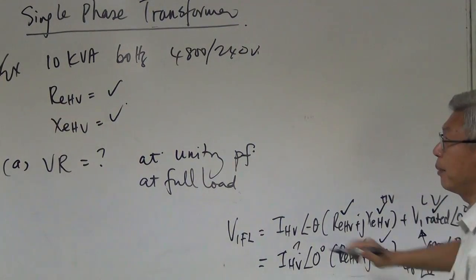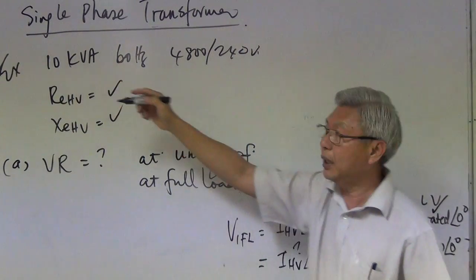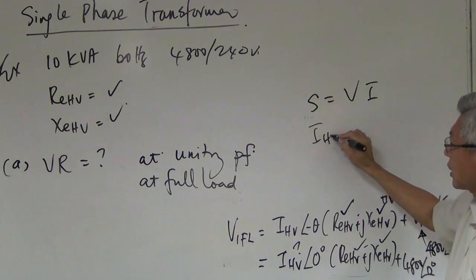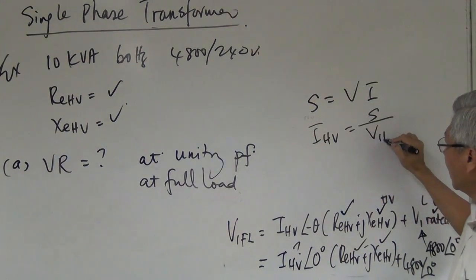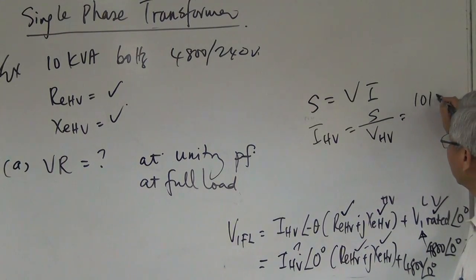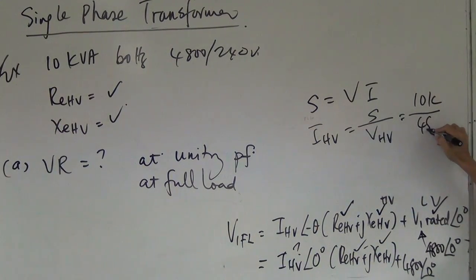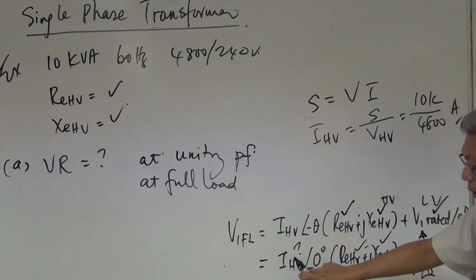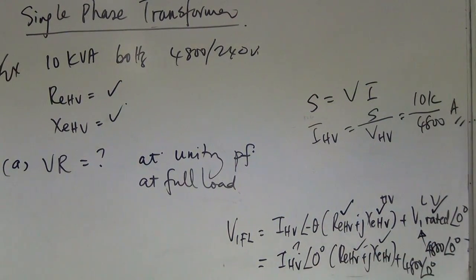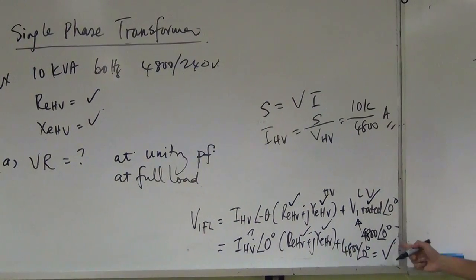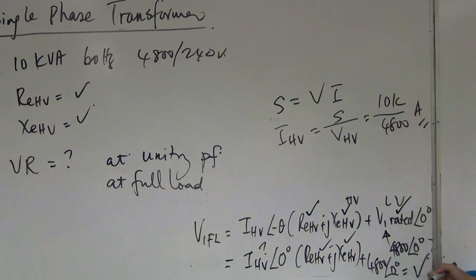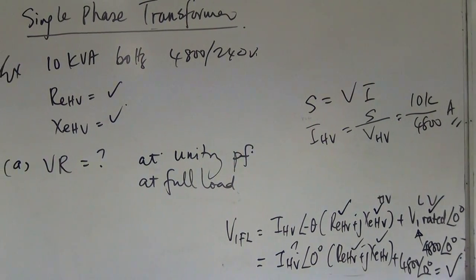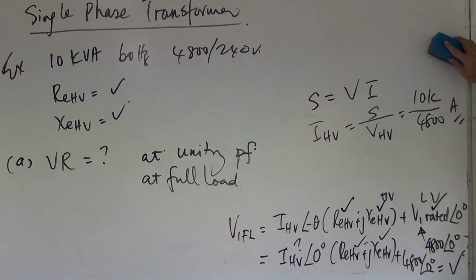Remember our basic apparent power, S equals V times I. So my high voltage current is S divided by high voltage, which is 10 kVA divided by 4800. I substitute into here and get an answer. With this answer, I substitute into my voltage regulation and get the answer. So that's part A.